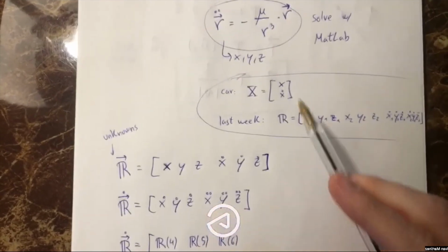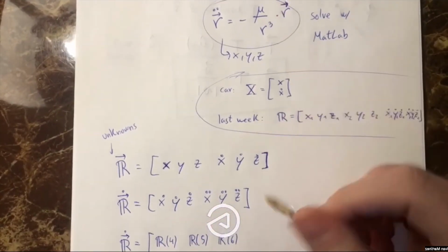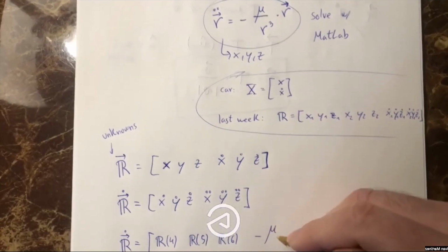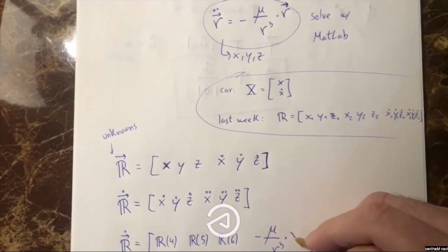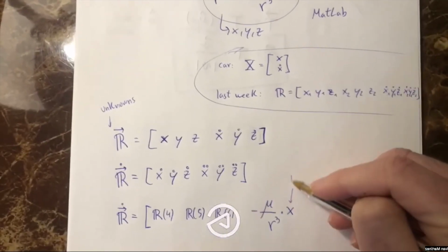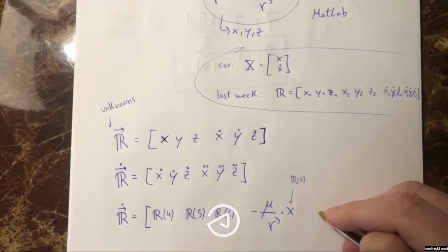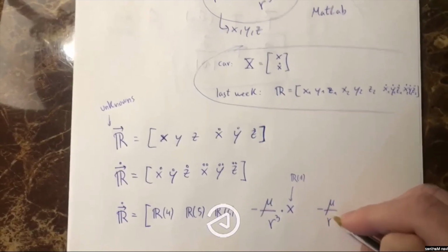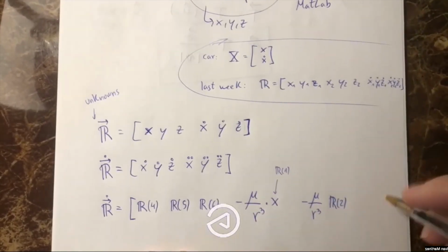So what is X, Y, and Z? X is minus mu divided by R cubed times X, which is R1. What is Y? Minus mu divided by R cubed, R2. And what is Z?